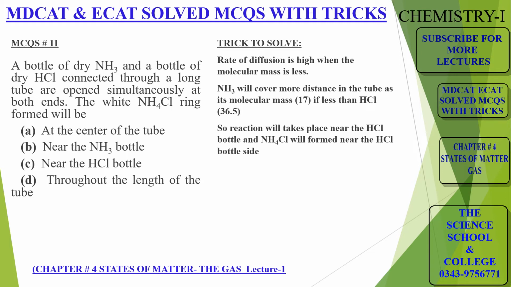So, NH3 molecules will cover more distance than HCl molecules. So, the reaction will take place near the HCl bottle and NH4Cl will be formed near the HCl bottle side. So, the correct option is option C, near the HCl bottle side.